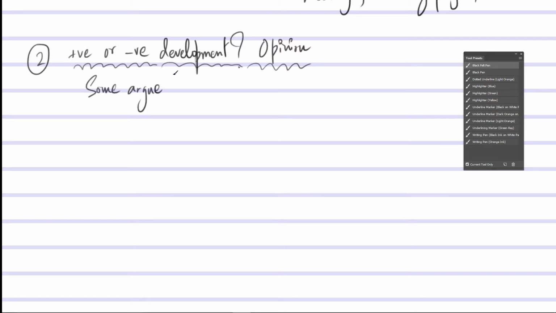So some people argue that it's been negative. These changes brought about by technology in the way we communicate, the way we connect, the way we interact have been negative and not positive. And why? Why do they think it's negative?